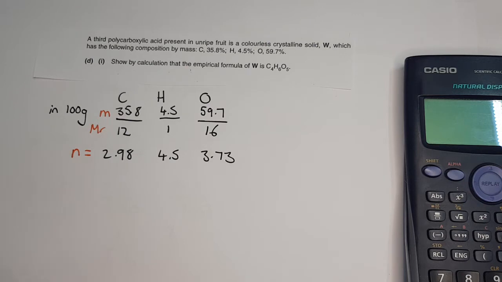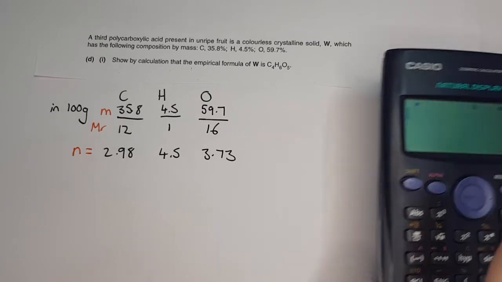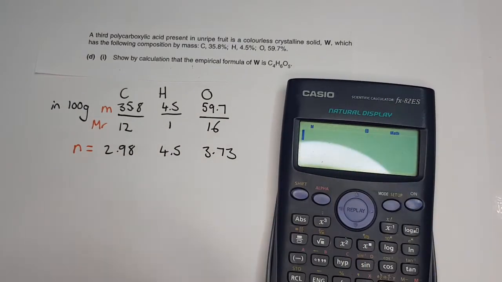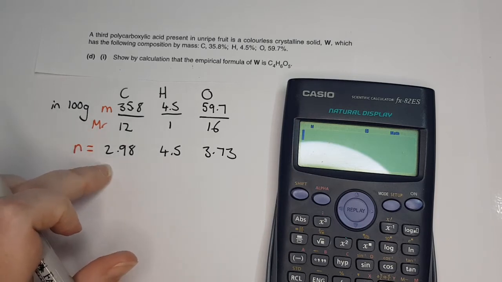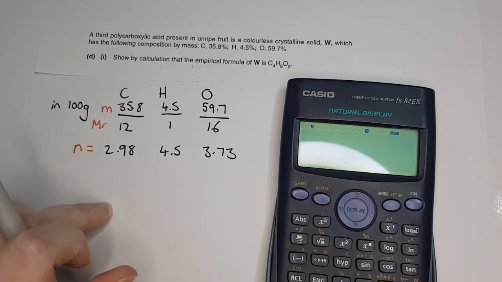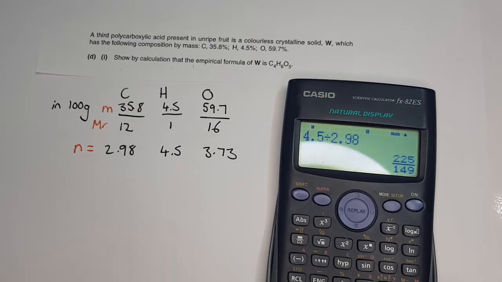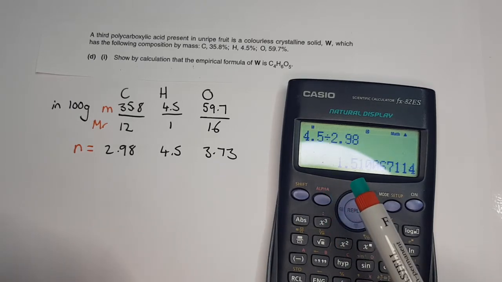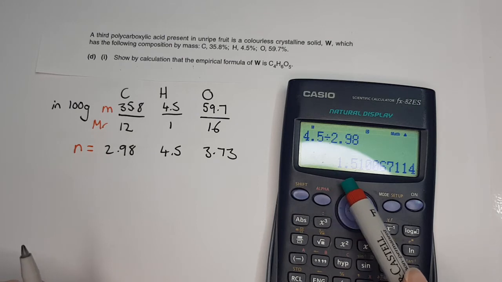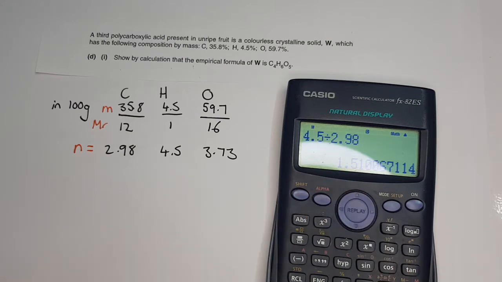So what we need to do is always find wherever we can get a whole number. So if I was going to follow my normal standard, I would say 2.98 divided by 2.98, to give me one because that's the smallest number. But then 4.5 divided by 2.98 does not give me a whole number. I get 1.5, so it's not even close to a whole number.